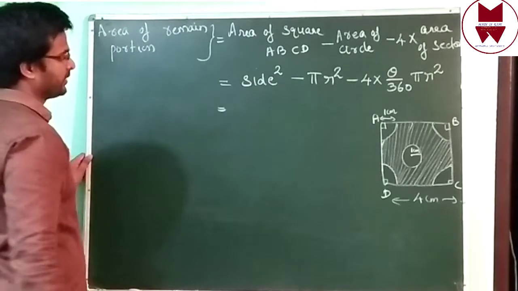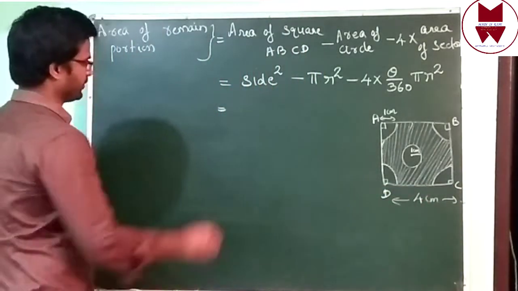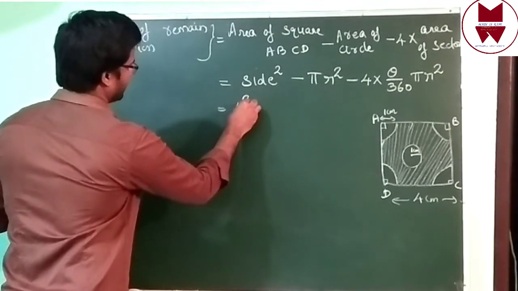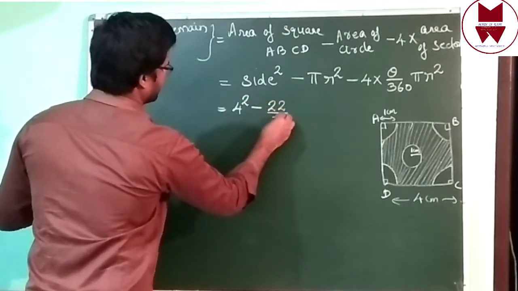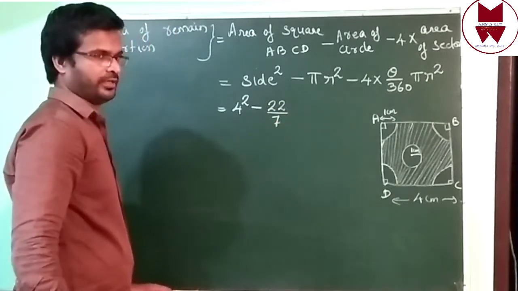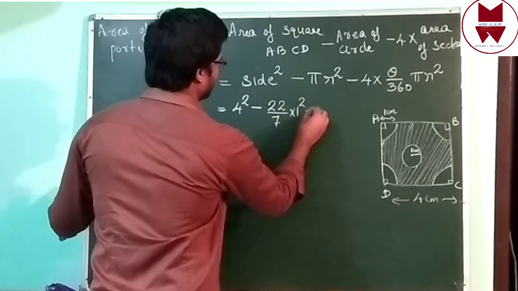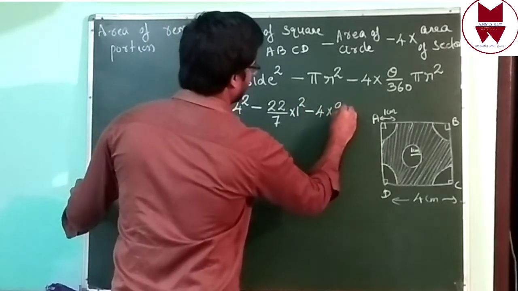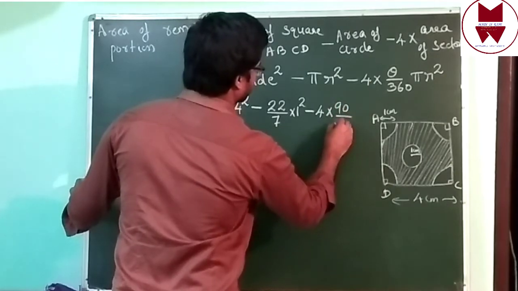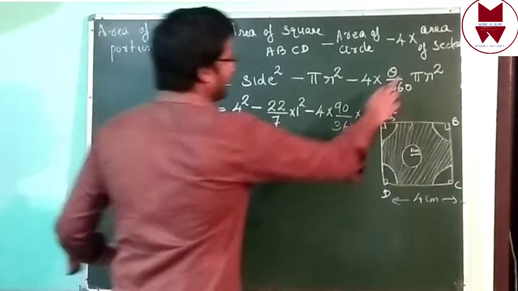Equal to side square. One side how much? Already written, that is 4 centimeter. We can write 4 square. Minus pi means 22 by 7, r square, r is 1, 1 square, minus 4 into theta is 90 degree divided by 360 into again pi r square.